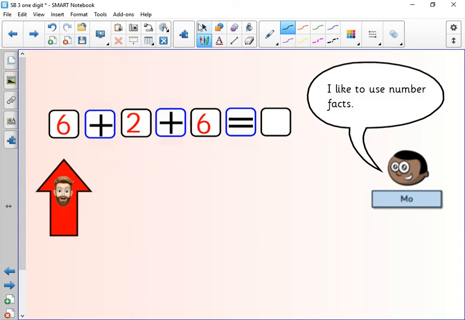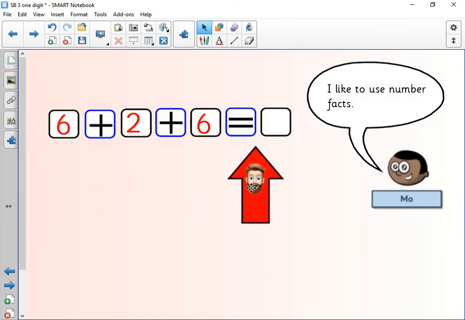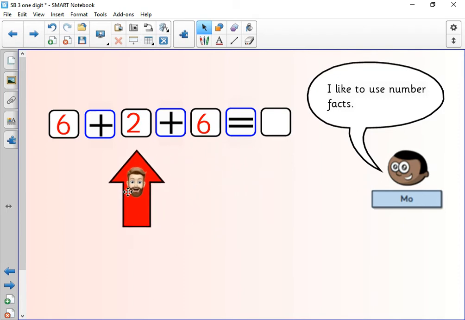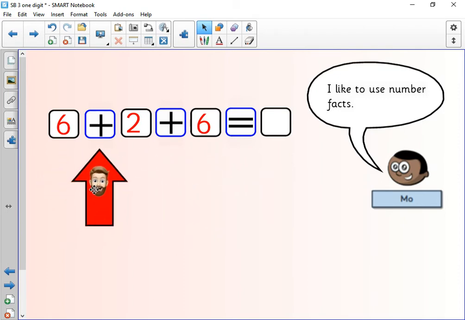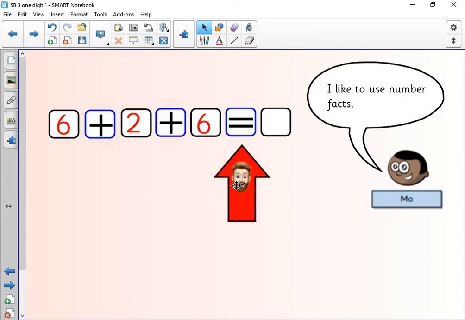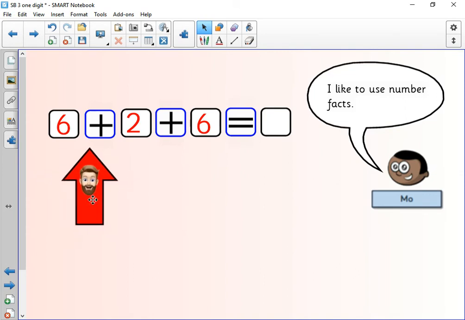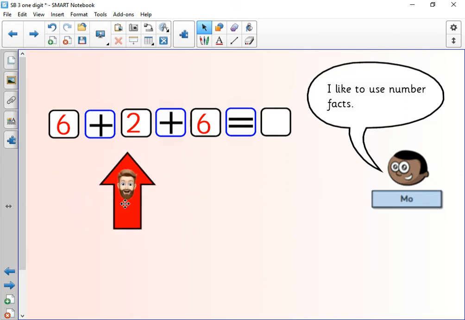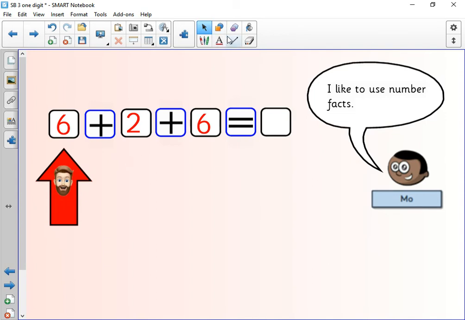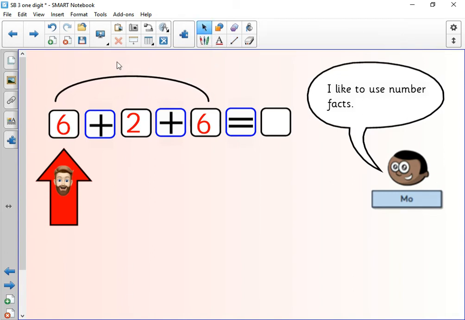Let's do another one. So let's look at the calculation first. Right, let's read it together. 6... Right, what's our number fact here that's going to help us? Brilliant. I can see double 6. I can see 6 add 6. Do you know double 6 is a number fact?